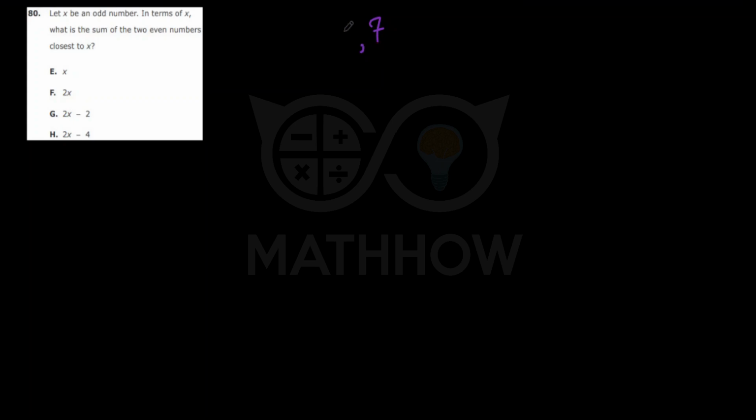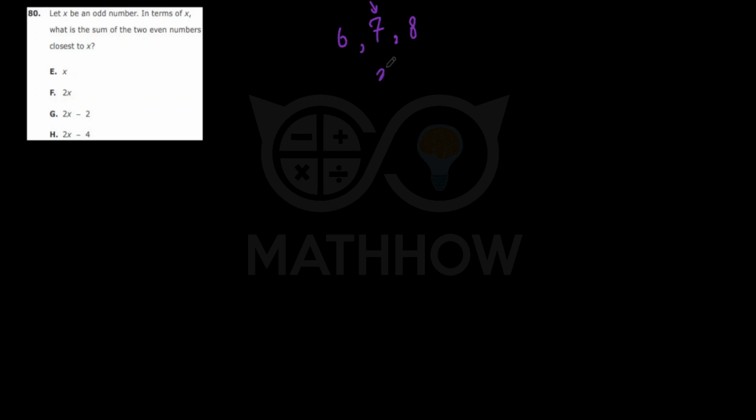The closest even numbers are 6 and 8, right? So how do we achieve these two closest even numbers? We subtract 1 from this number and we add 1 to this number.